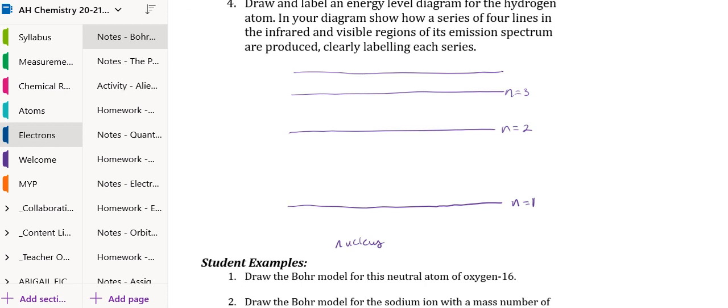Fourth. I'm going to need to make sure how many energy levels am I going to need? I'm going to need 8. It's going to get close together. 5, 6, 7.